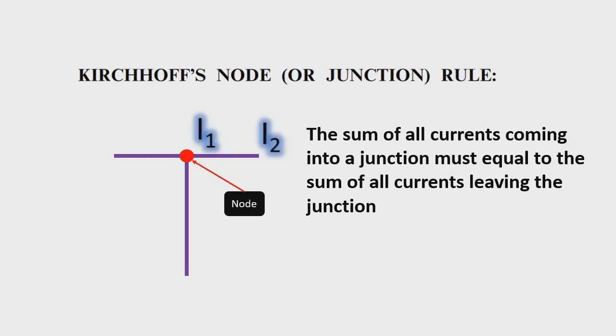In this rule, it is stated that the sum of all currents coming into the junction must be equal to the sum of all the currents that are actually leaving the junction. So this is how it is illustrated in the formula.